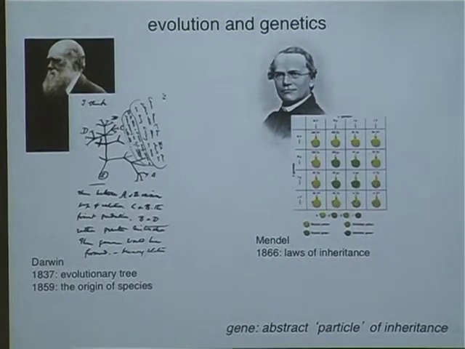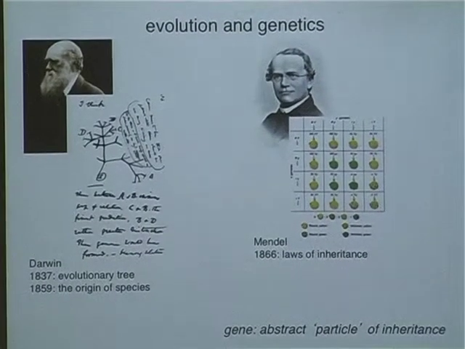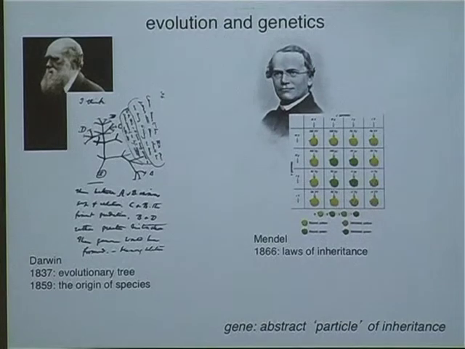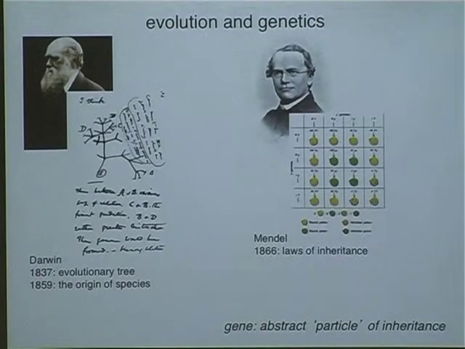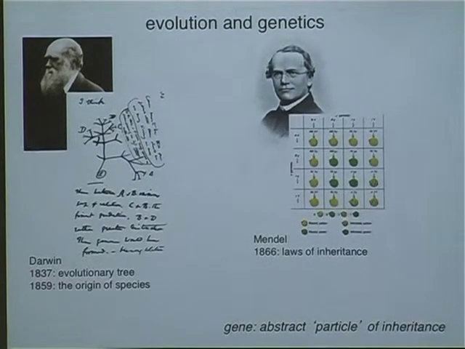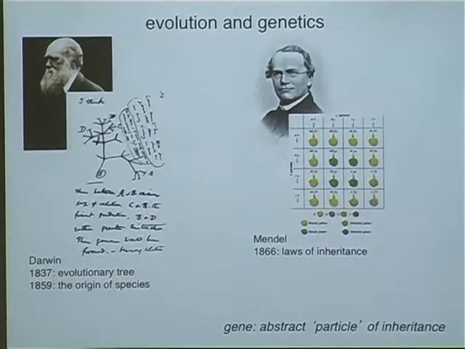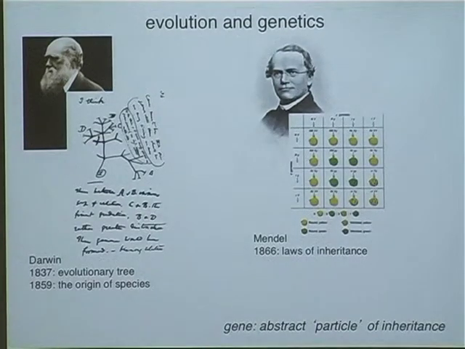He had only a few ingredients to his theory. He said that there are populations of organisms, okay, and when parents have offspring, the offspring are slightly different from the parents. Okay, so the offspring share a lot of the characteristics of the parents. So there's this idea of inheritance, but the inheritance is not perfect. Okay, so if you allow this imperfect inheritance, you then generate diversity of organisms in space and time.